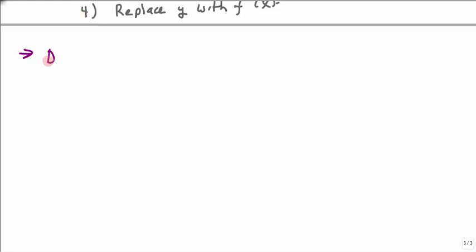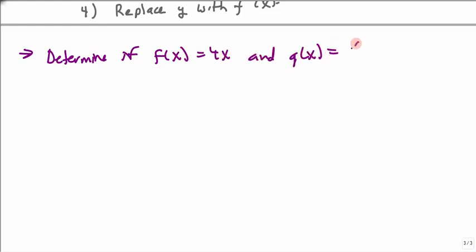Determine if f of x equals 4x and g of x equals x over 4 are inverses of each other. If you look up on our list, we're talking about composite notation, plugging one into the other to see if you get an x back out.